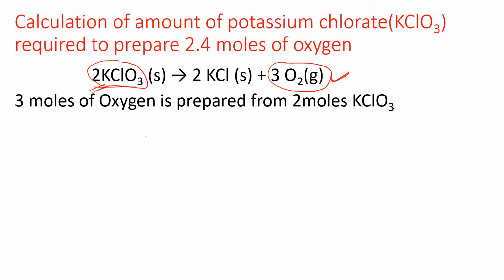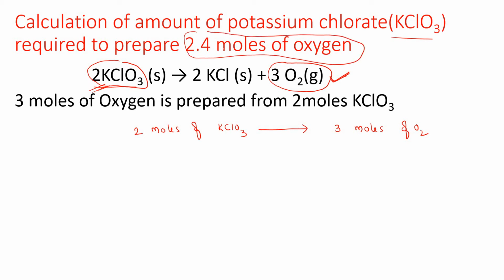Now I am writing like this: 2 moles of KClO3 giving 3 moles of oxygen. Now the question is how many moles of KClO3 are required to prepare 2.4 moles of oxygen? I want only 2.4 moles of oxygen.